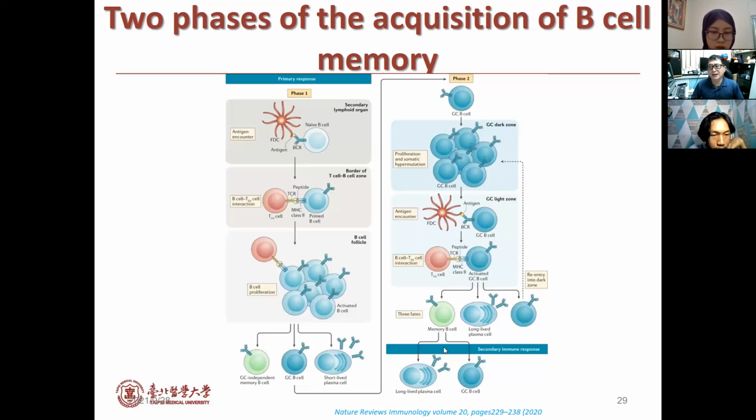Because he was a 10 month old infant, he relied on the antibodies from the mother, right? Left over from the milk or bloodstream. At that time, his B cells had never been exposed to those types of antigen. So he was suffering high fever, very severe syndrome.